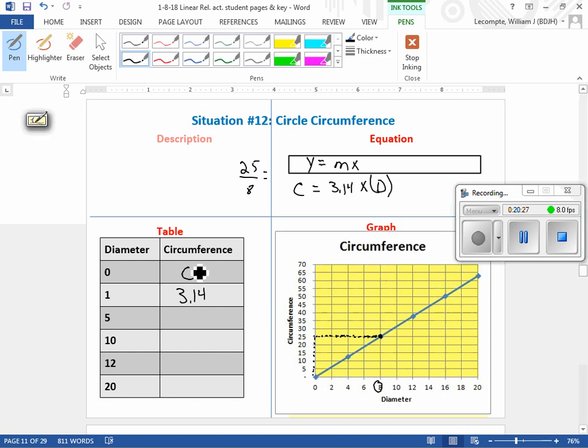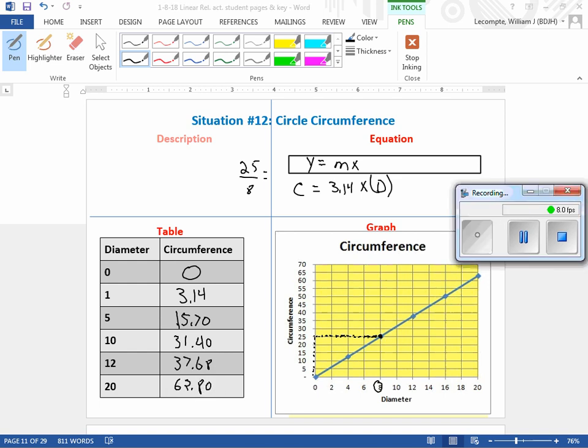15.7 and 31.40, 37.68, and 62.80. And when I used the 3.125, like I told y'all about in class, then I got 15.625 here.